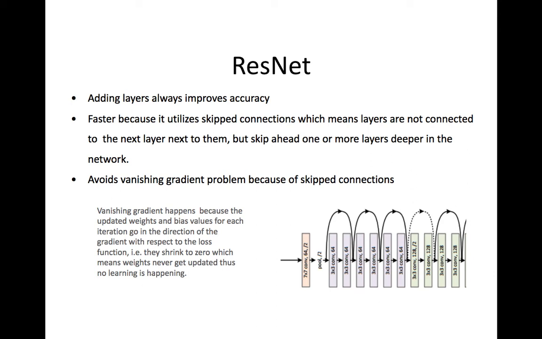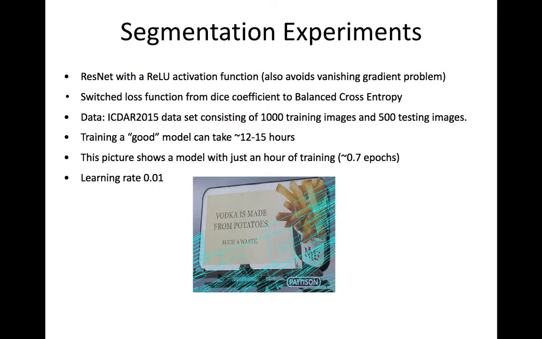Eventually, while the training continues, the learning stops because weights aren't getting updated. ResNets avoid this because they have skip connections, where one layer doesn't necessarily feed into the next layer, and it might skip deeper into the network. So it's able to avoid that.